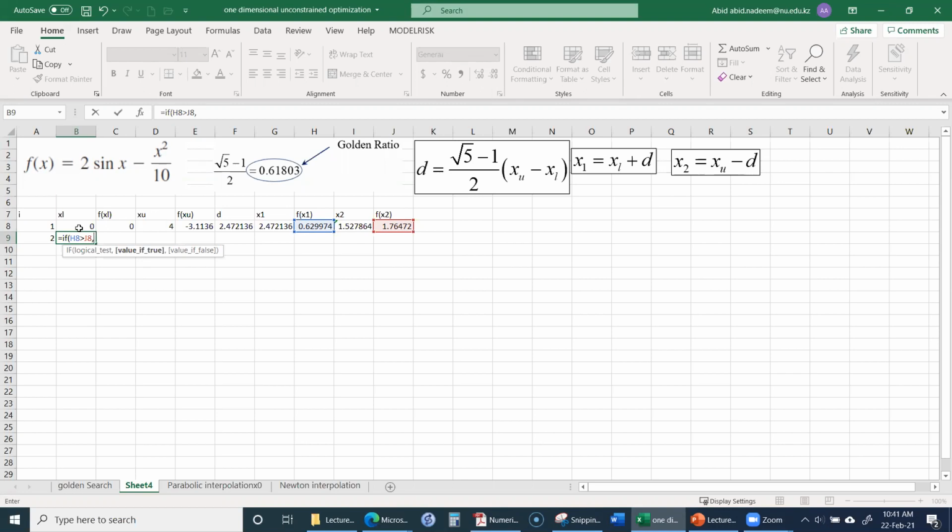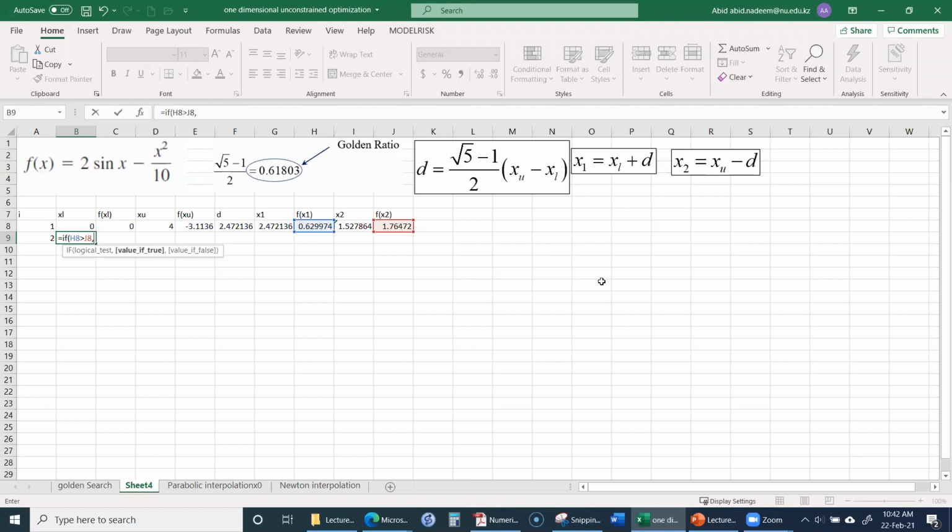If fx1 is greater than fx2, then that means, for example, fx1 is here, fx2 is here, fx1 is greater, so the function is increasing. Then we can eliminate the first interval from xl to x2.